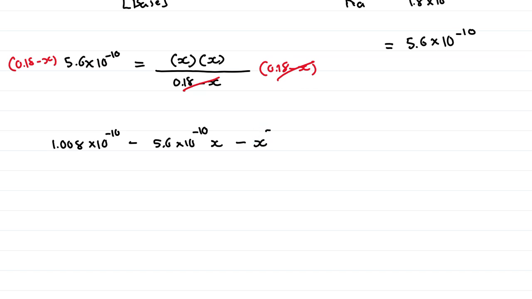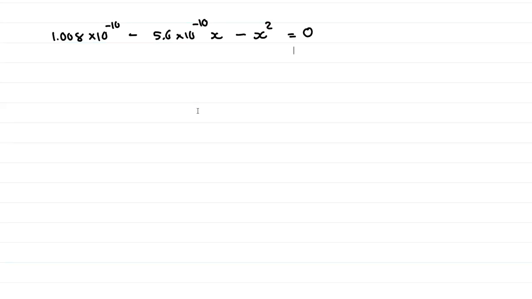Now that we have this type of equation, we can just plug it into our calculator, and we found out that the concentration of the hydroxide ion is 1 times 10 to the power of negative 5.